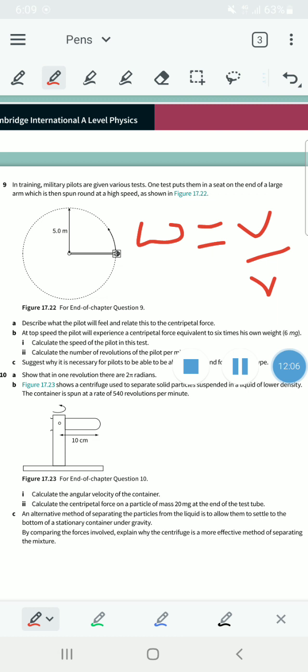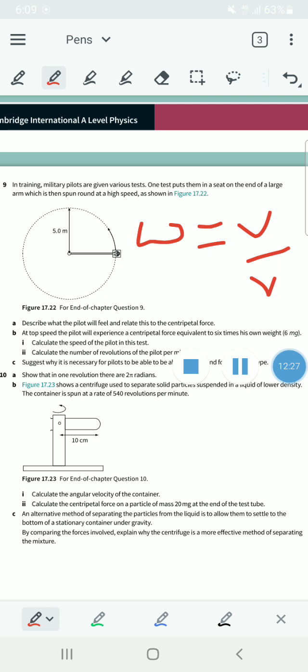So you substitute values here. We know v and we know r. V is 17.15 and r is 5. From that you get the omega's value.